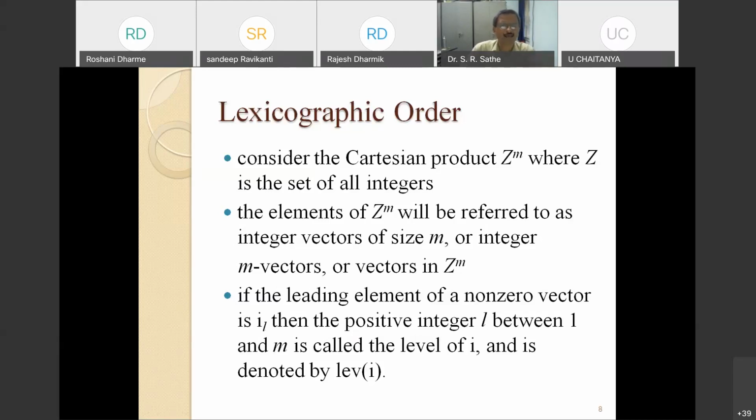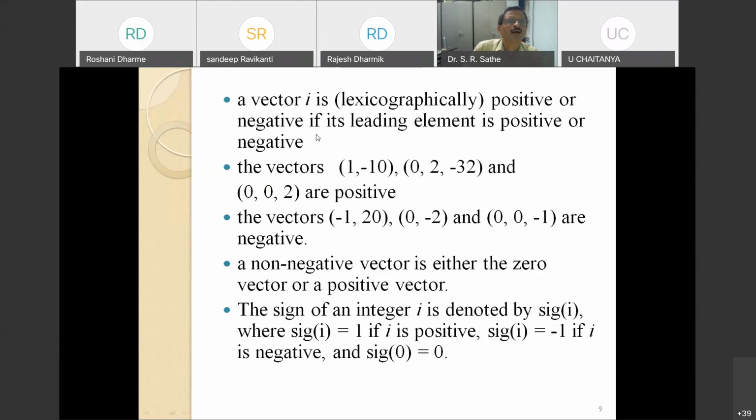A vector I is lexicographically positive or negative if its leading element is positive or negative. Consider the vectors (1, -10, 0), (2, -3, 2), and (0, 0, 2). These are positive because you start from left to right. The first, when I put the mouse cursor, is it visible, mouse cursor?